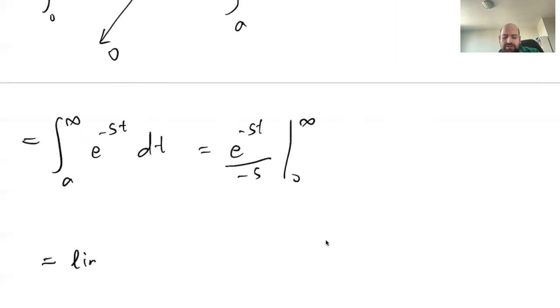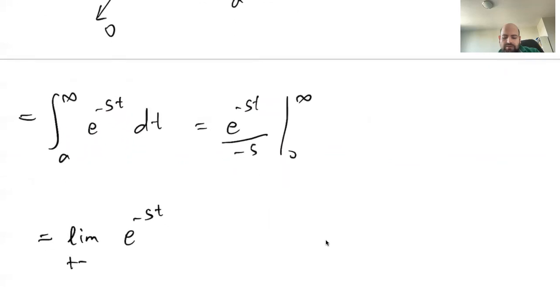So I can write this as the limit as t goes to infinity of e to the power minus st over minus s, minus the evaluation at a. The evaluation at a is e to the power minus sa over minus s, but it's minus that, so it becomes plus e to the power minus sa over s.